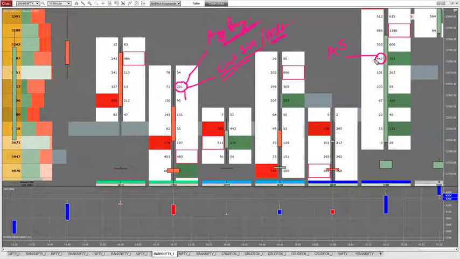Yes. Do you also agree that 442 lots were bought at this point, but the order was a limit buy order? Perfect. Great.